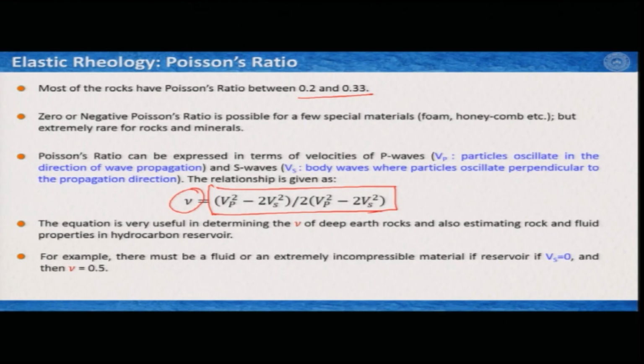With the analysis of seismic waves, it is possible to determine the Poisson's ratio of deep earth rocks, and this is also important for the hydrocarbon industries, because it gives an estimation of fluid properties in the hydrocarbon reservoir. So, for example, if Vs is 0, that means there is a fluid, and then Poisson's ratio must be close to 0.5, and so on.